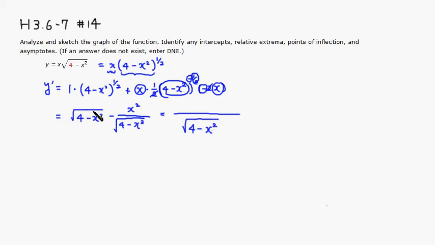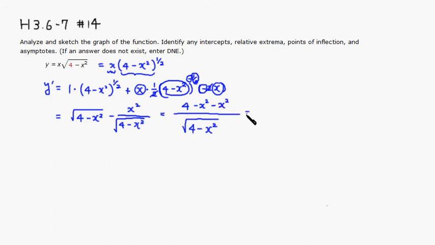So if you multiply top and bottom by square root of 4 minus x squared, so it's going to be square root of 4 minus x squared times square root of 4 minus x squared, which is going to be 4 minus x squared. Then you have minus x squared. Right?